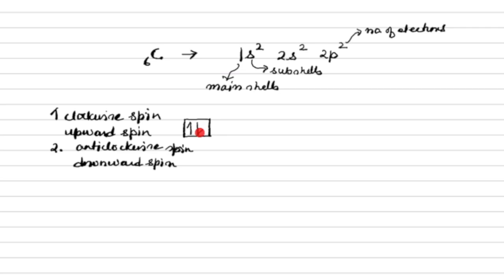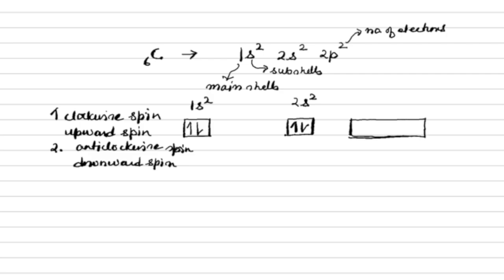Yeah. So this is what I have shown here, the 1s2 orbital. Now what about this? Okay, let me write this also. So I am trying to draw and represent 2s2. So here one clockwise spin and one anti-clockwise spin. So they have two. Now what about this?